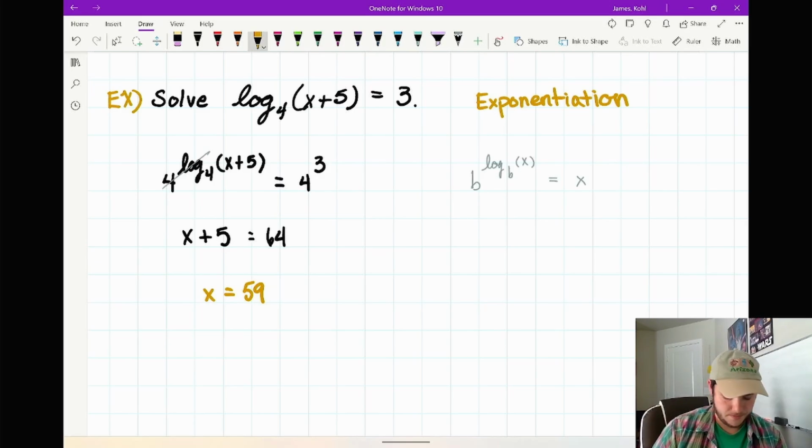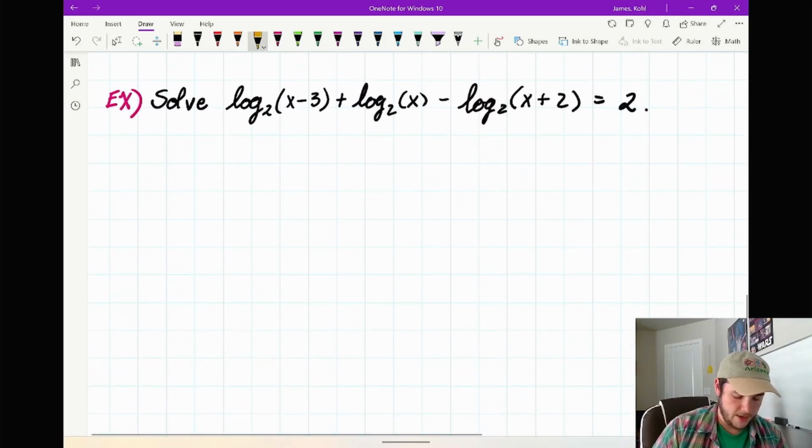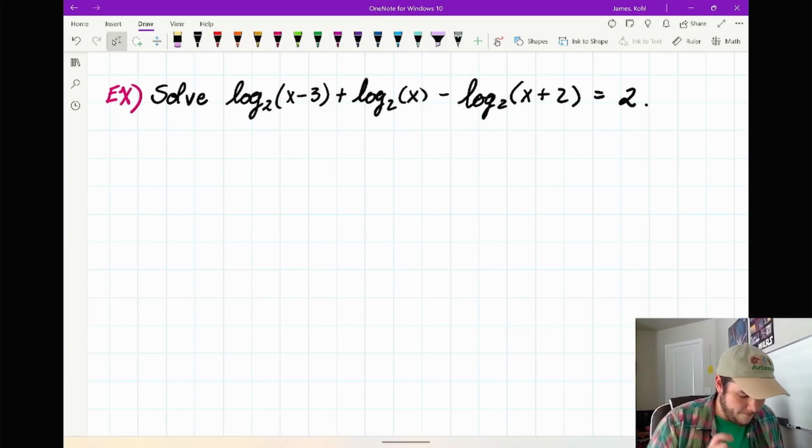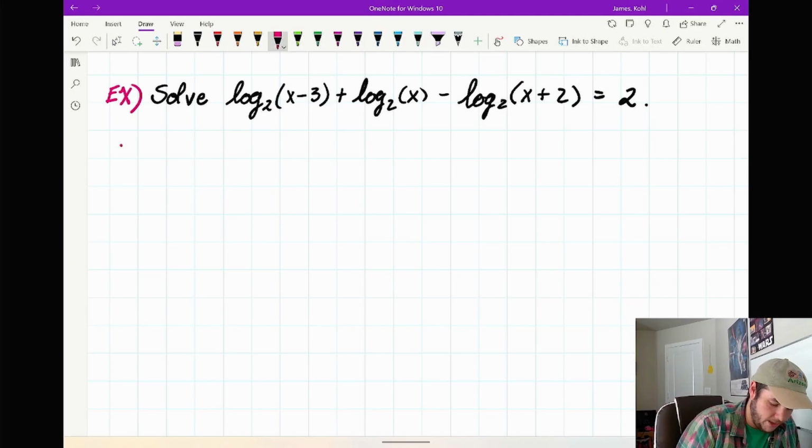Let's try another one. Here, I've got substantially more work to do. There is a very big warning that comes with this problem.